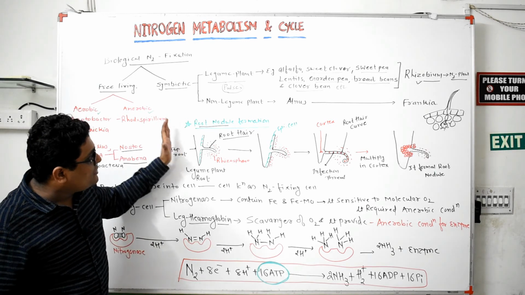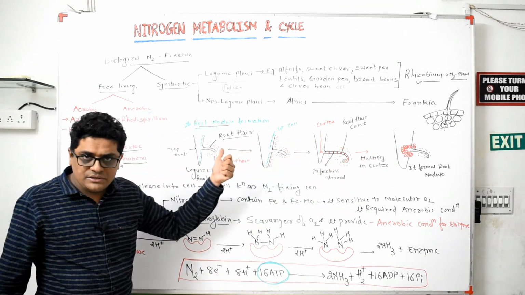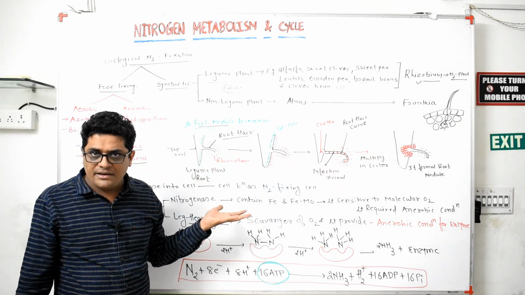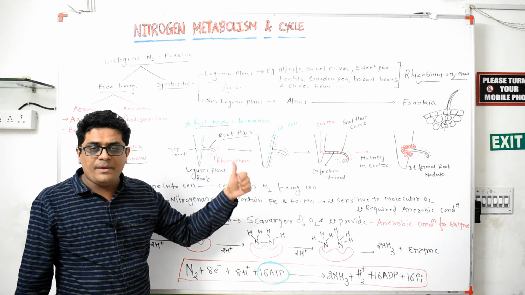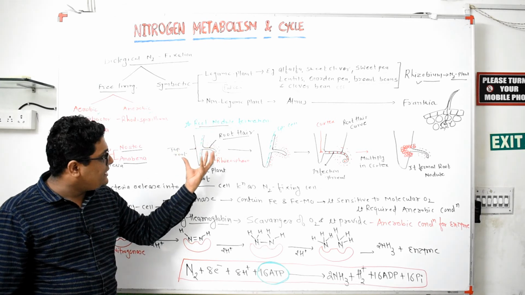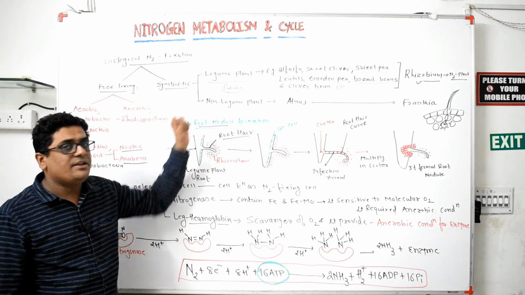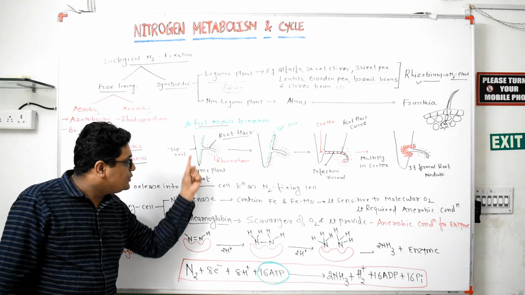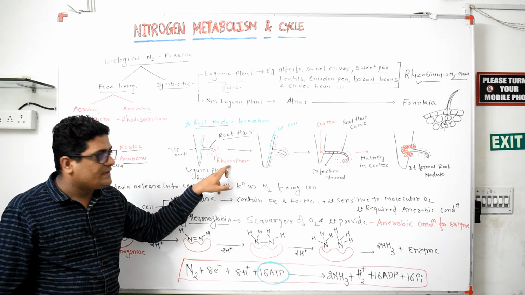Again, how do the root nodules get formed? The root nodules are formed with the help of Rhizobium bacteria. First, the Rhizobium bacteria grow and multiply surrounding the root of the legume plant, and this group of bacteria is known as the rhizosphere.